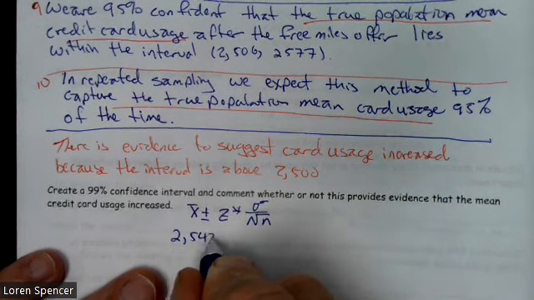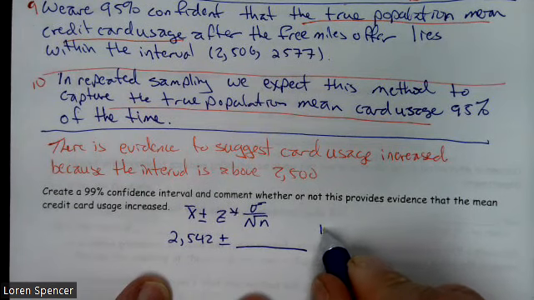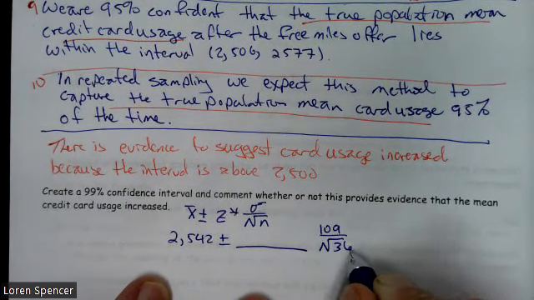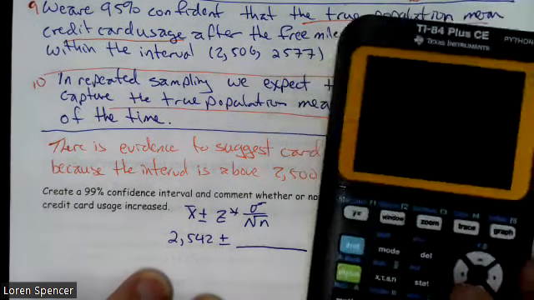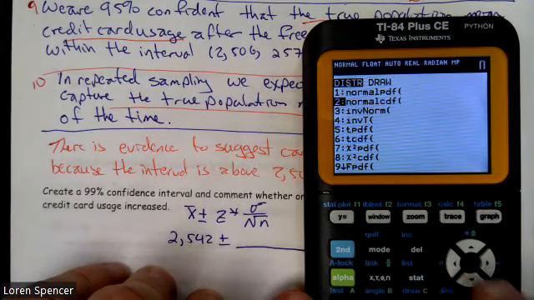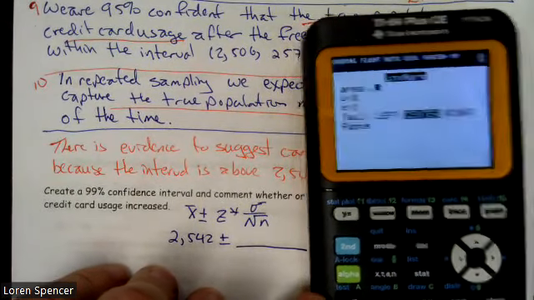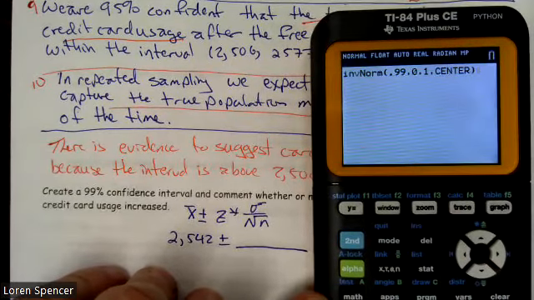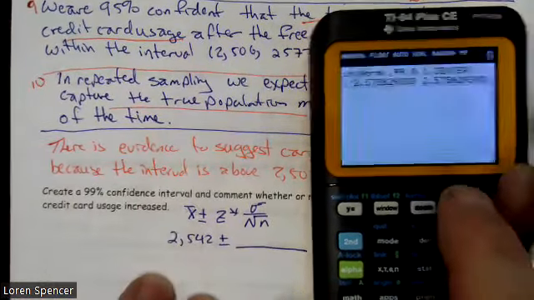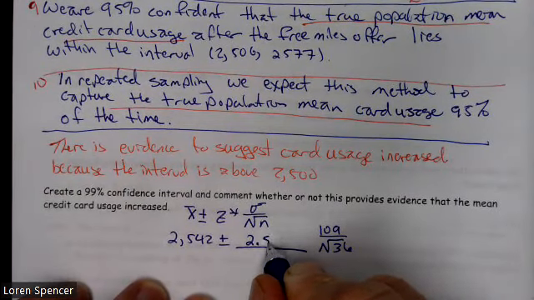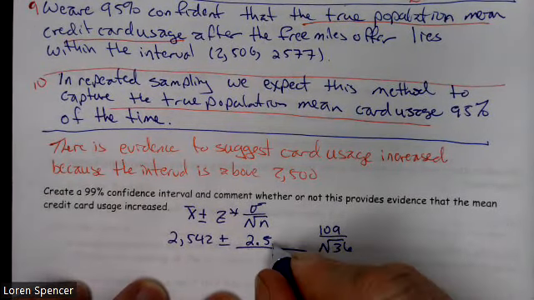We don't know what our new Z star is because we have a different Z value, but our standard deviation is still 109, and we still have a sample size of 36. So we go second vars, inverse norm, 0.99, and we find a Z score of about 2.5758.